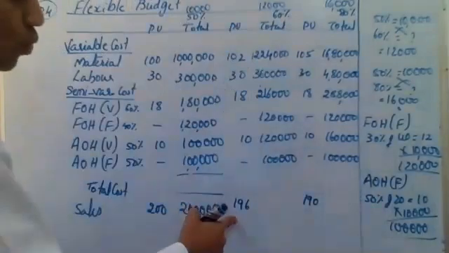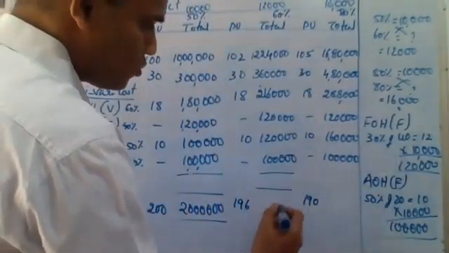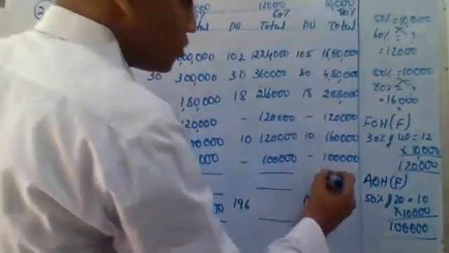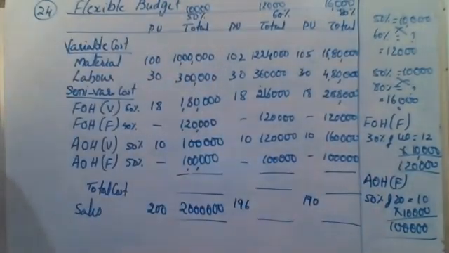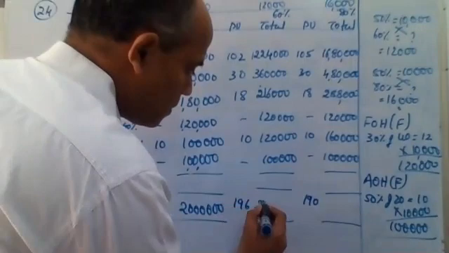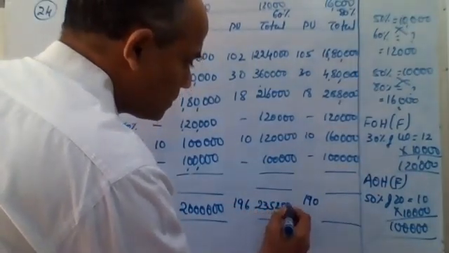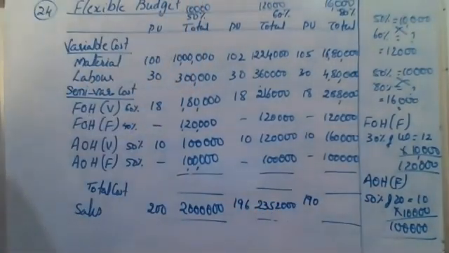So 12,000 into 196 gives you the sales. 16,000 into 190 gives you the sales. So the sales figures are 23,52,000 here. And 30,40,000 here.